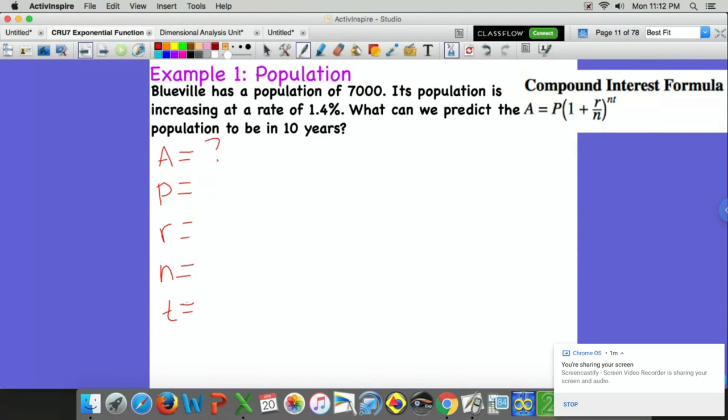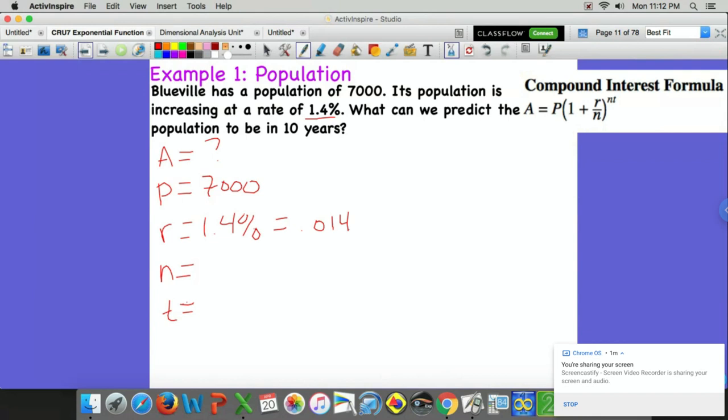Our P, our initial population, is 7,000. Its population is increasing at a rate of 1.4%. And if you were to convert that into a decimal, it would be 0.014.